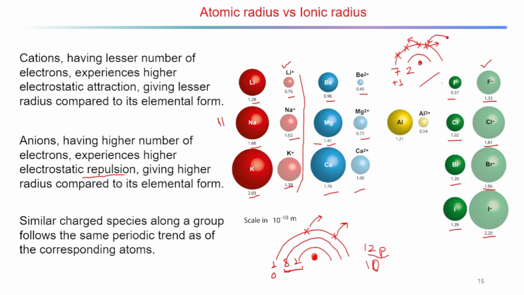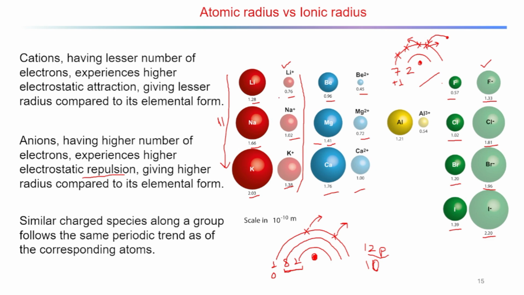Next point is that similar charge species along a group follow the same periodic trend as the corresponding atoms. So the ionic radius trend follows exactly the same as the atomic radius trend. For example, in case of lithium, sodium and potassium, if we go from top to bottom, we can see the atomic radius is increasing.